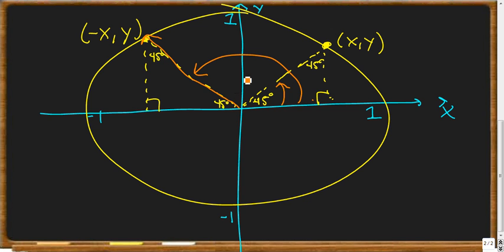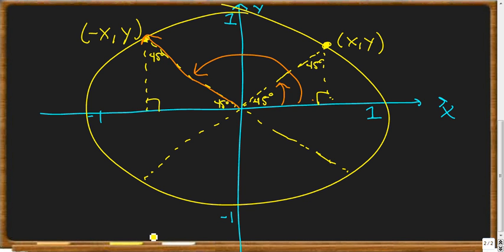This 45 is 45 past 90 degrees, so it's 135. So the sine of 135 and the sine of 45 are the same, but the cosine of 45 and the cosine of 135 degrees are opposites. And this continues all the way around the circle.